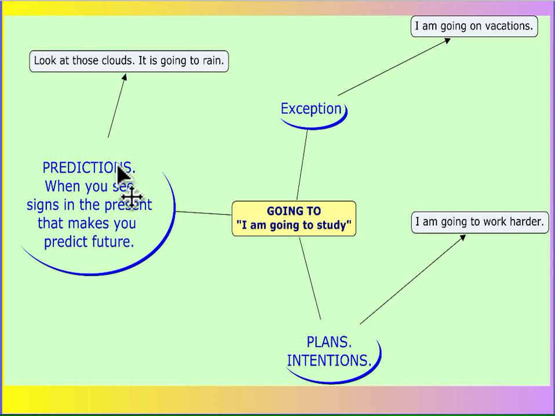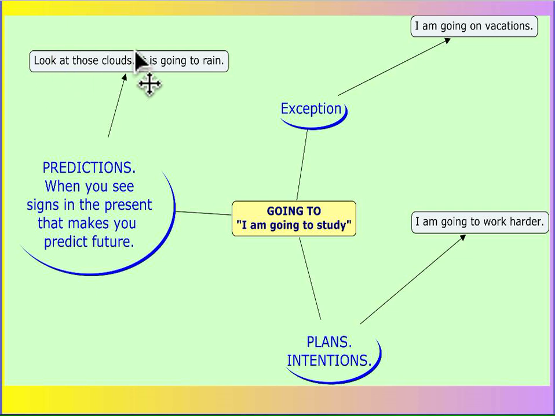Okay, and on the other hand, we have a prediction, but be careful. This is a kind of prediction when you see signs in the present that make you think that something will happen in the future, that make you predict the future. So look at those clouds.